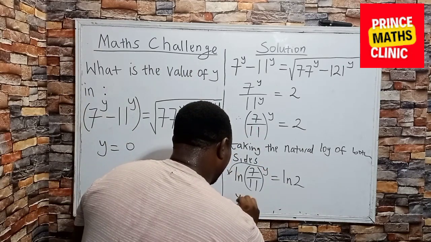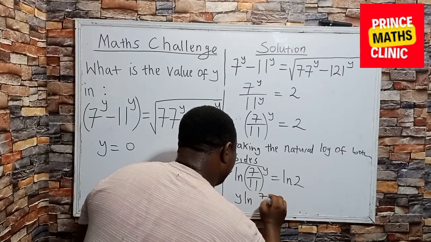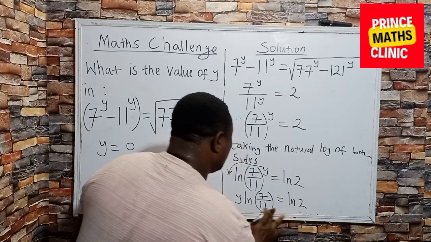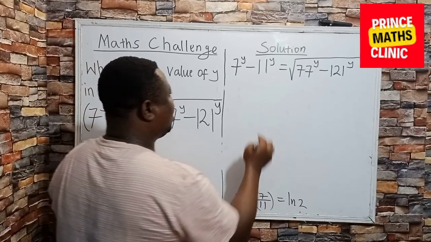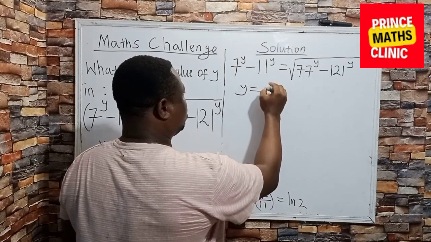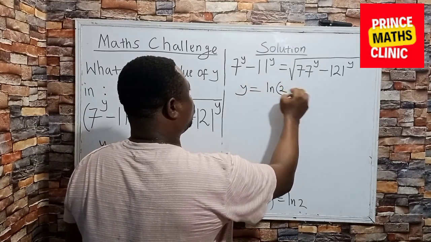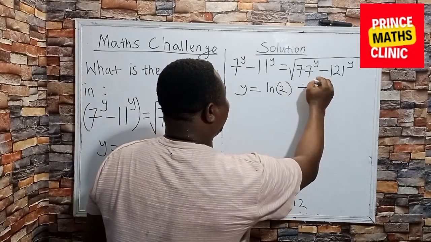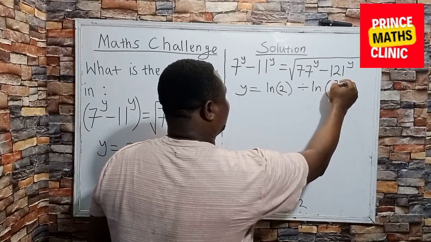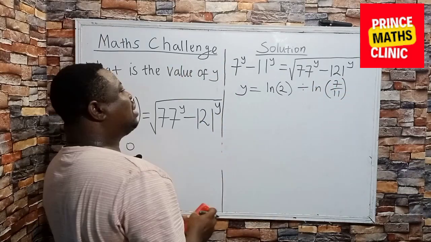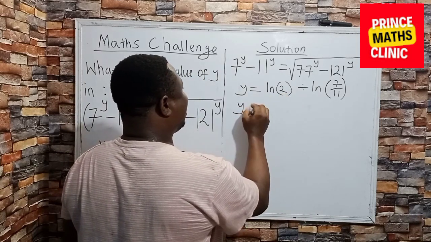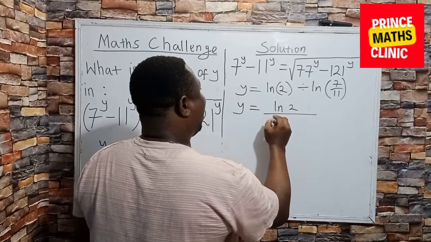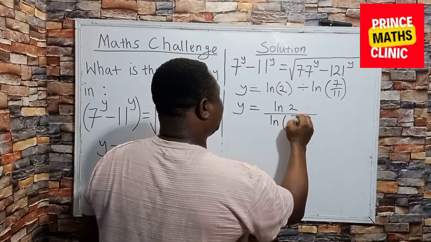This becomes y ln 7 over 11 equal to ln 2. For me to obtain y here, my y becomes ln 2 divided by ln 7 over 11. Another nice way of writing this is y equals ln 2 divided by ln 7 over 11.